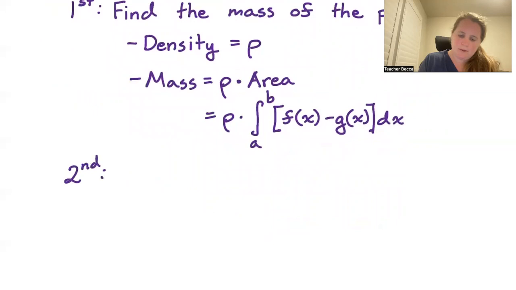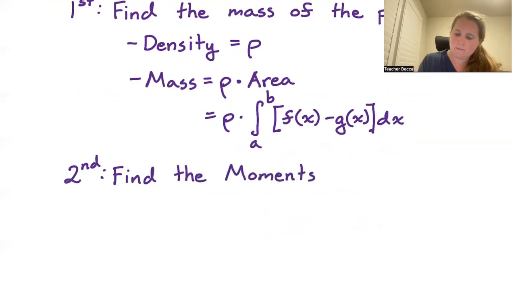The next thing we need to do is find what are called the moments. The moments are essentially a measure of an object's tendency to rotate about the x and y axis.